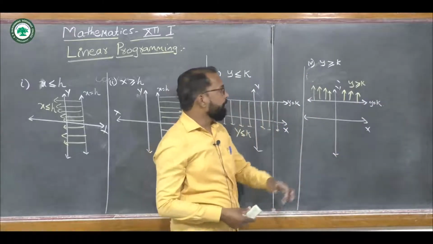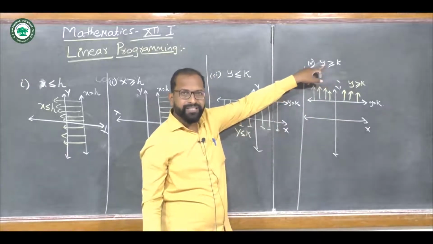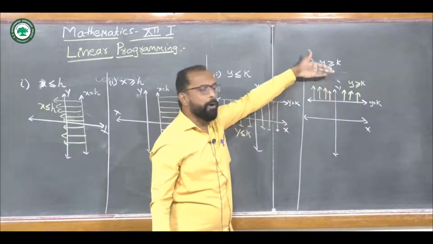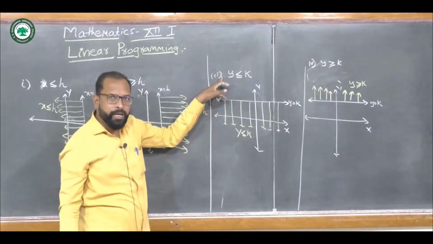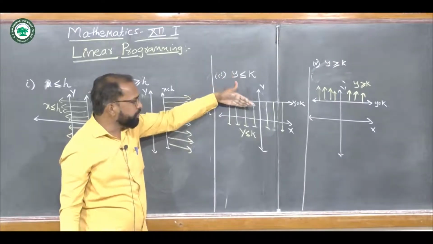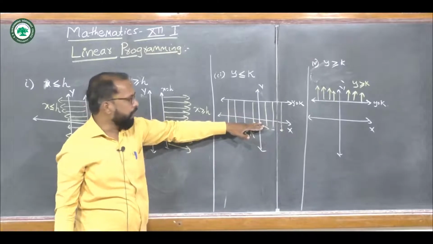That is, when y is greater than or equal to k, we consider the region above the line. If y is less than or equal to k, we consider the region below the line.